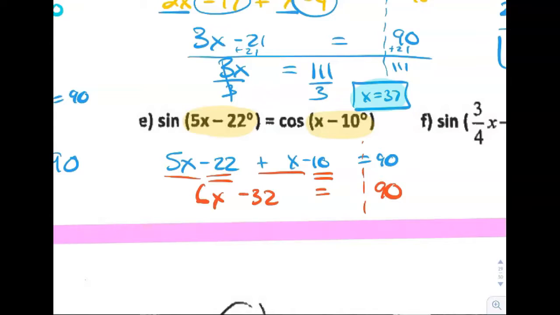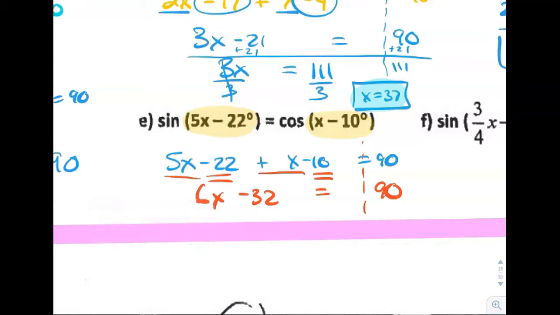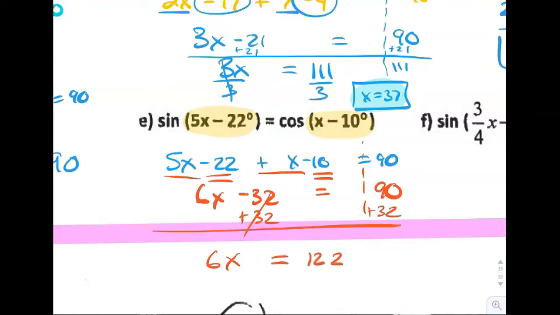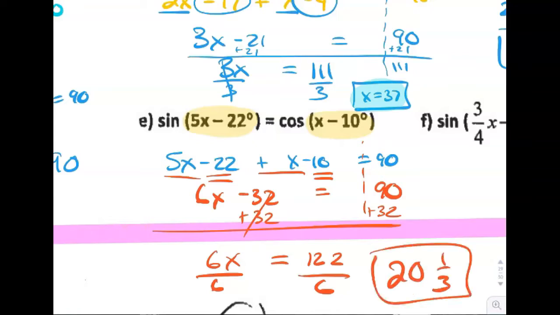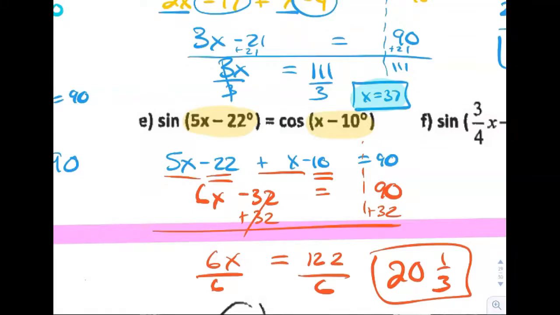Let's solve that. Didn't come out evenly, but 122 over 6 is 20 1/3.